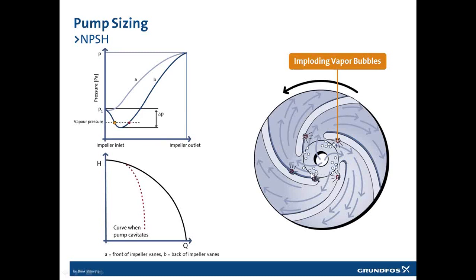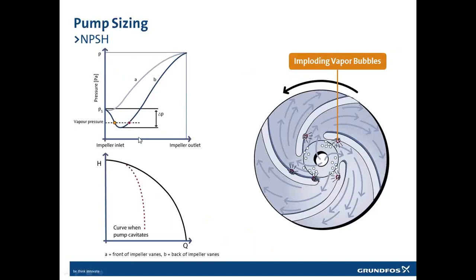As they move along the pump vanes, going further and further out on my impeller, following my arrow, the higher the pressure gets. And suddenly, when the pressure is high enough, the steam bubbles in the water will implode. And when a steam bubble implodes in water, it will create a massive pressure spike. That pressure spike will eat up all material on the impeller vanes. And no material is yet to be found that can withstand the imploding of a steam bubble.